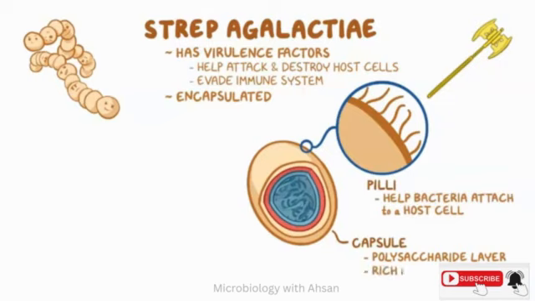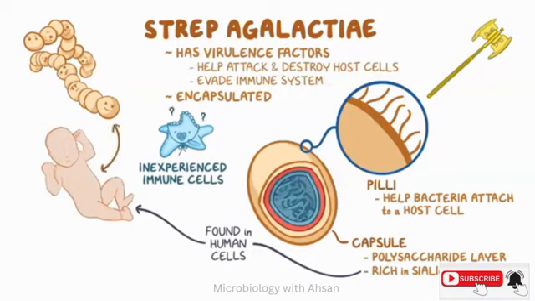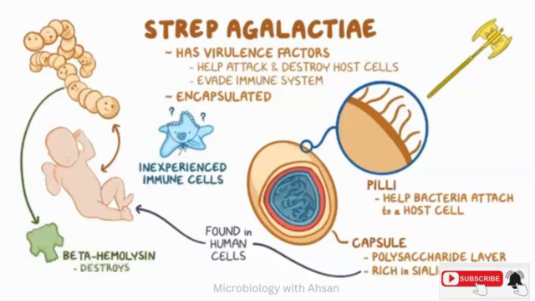Additionally, the capsule is rich in sialic acid, which is a substance that can also be found in human cells. So inexperienced immune cells, like that of a newborn, might confuse strep agalactiae with self cells, allowing it to survive inside the body. And finally, strep agalactiae makes beta-hemolysin, which destroys the host tissues and causes hemolysis, meaning it destroys red blood cells.